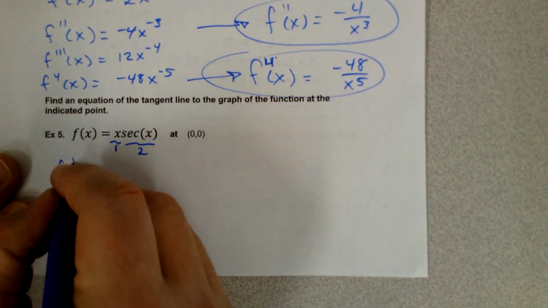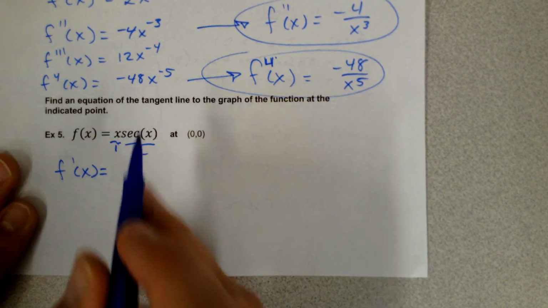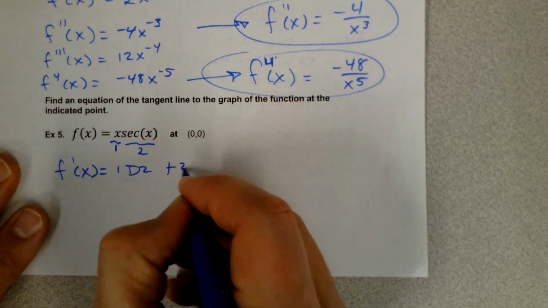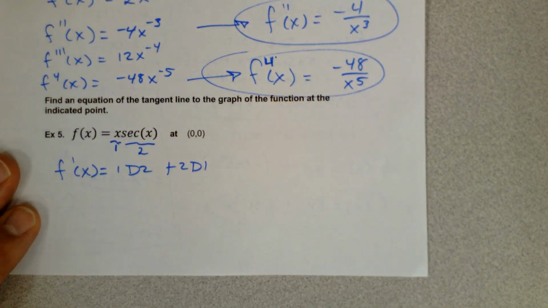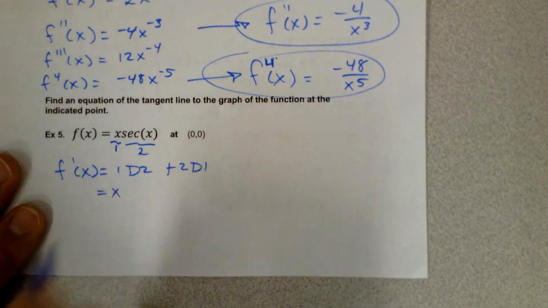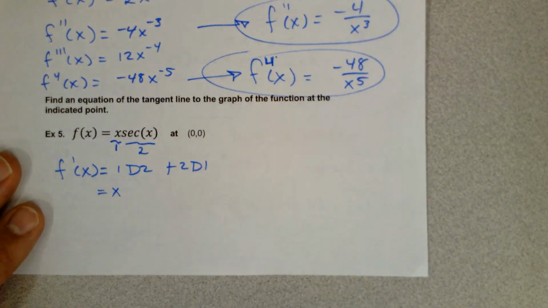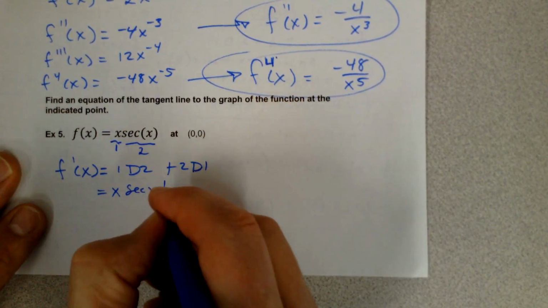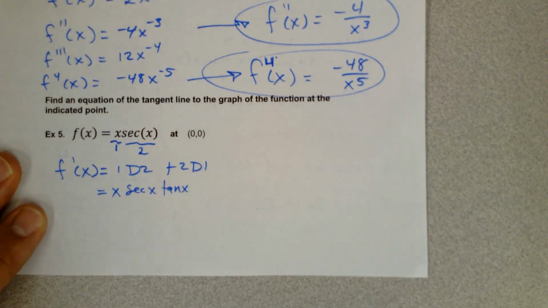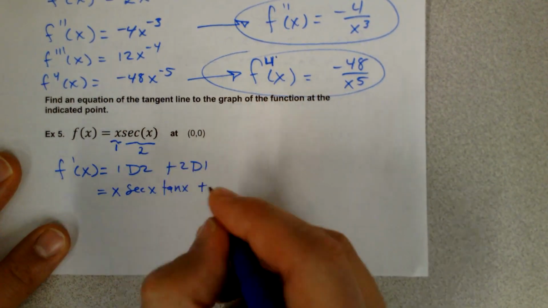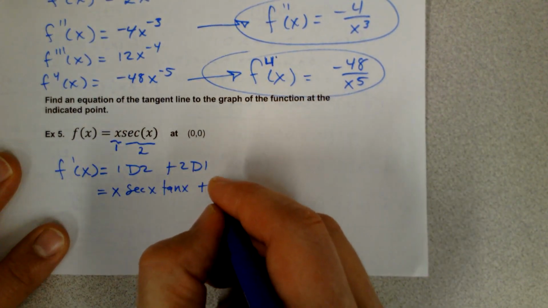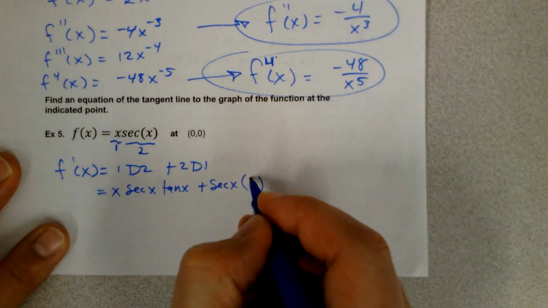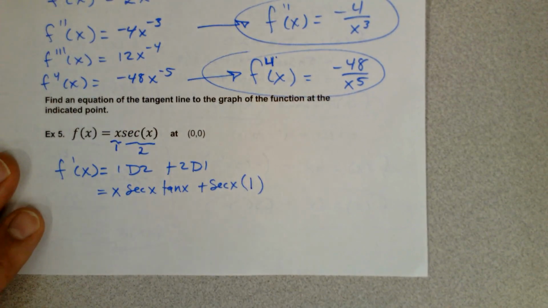So when you do your derivative, looking for the slope of the tangent line, we have to do 1d2 plus 2d1. So I take x times the derivative of secant of x. If you need to, look in the front. The derivative of secant of x is just secant of x tangent of x. And then plus 2d1, so 2 is again secant of x, times the derivative of x, which is just 1.